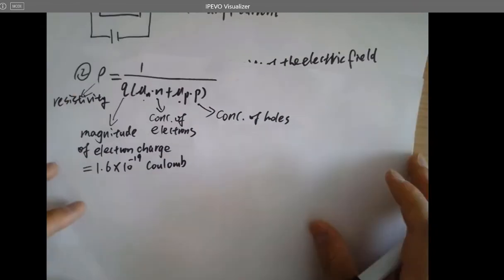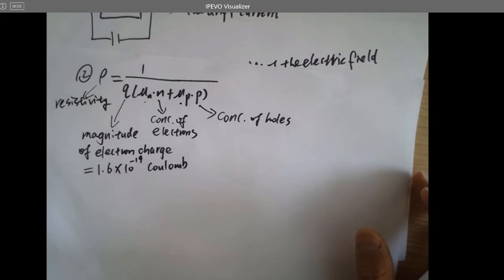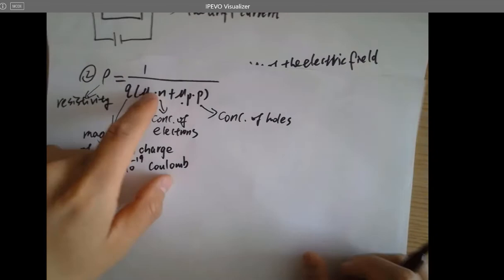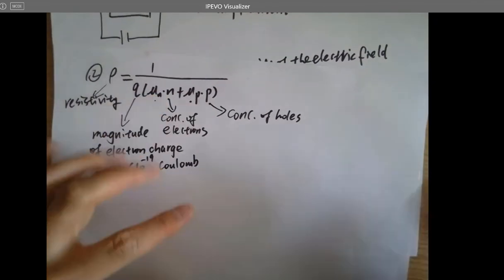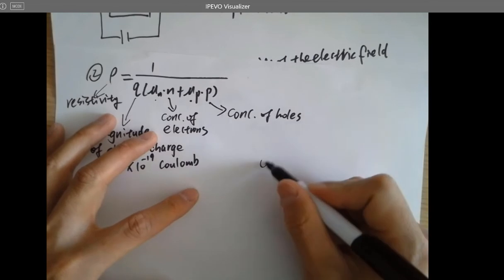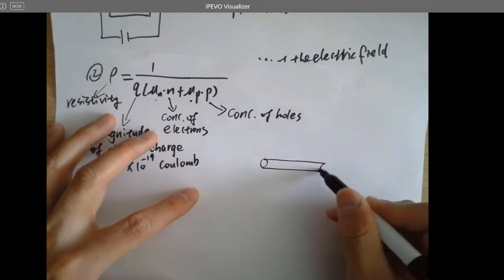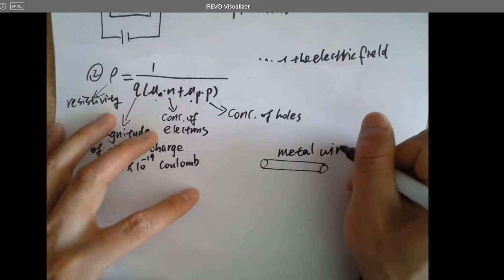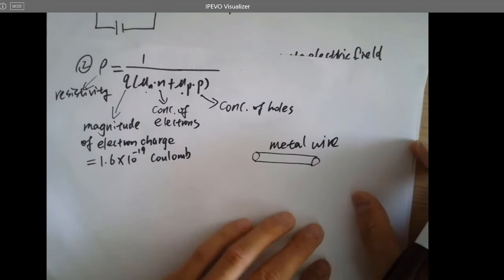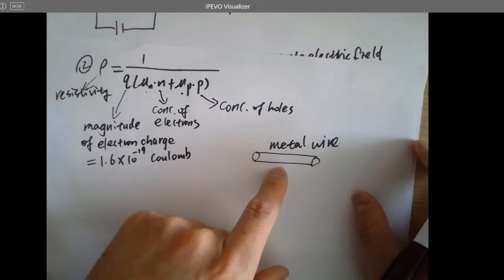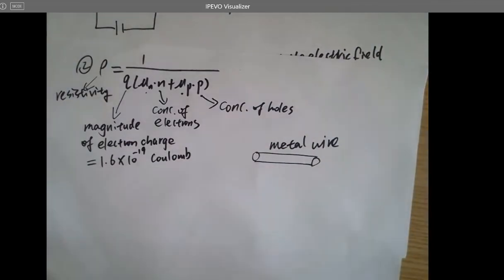One interesting thing I didn't cover yesterday from the lab: it's a different concept for metal. This does not apply to metal. So if you have a piece of metal like a rod or wire you have been using in the electronics labs, what's the resistance? Or it can be a resistive material, it doesn't matter. It's just a piece of material.